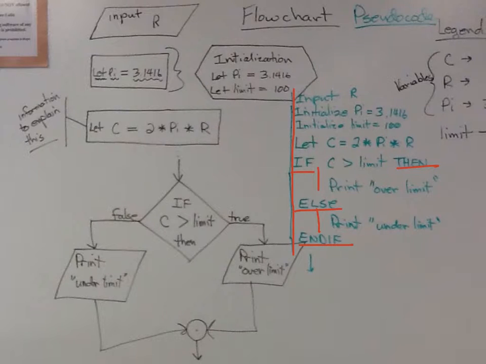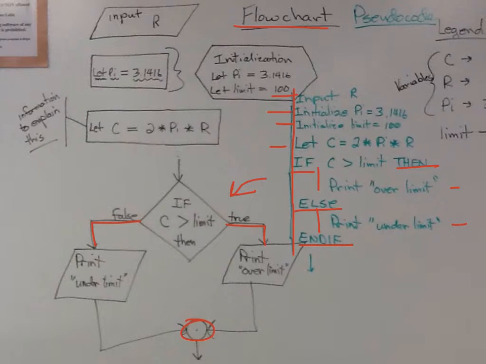So that's the same structure as you see here. If, then, true part, false part, and they come back together at the end if. These are process, initialization, input, output. These here are actually output.